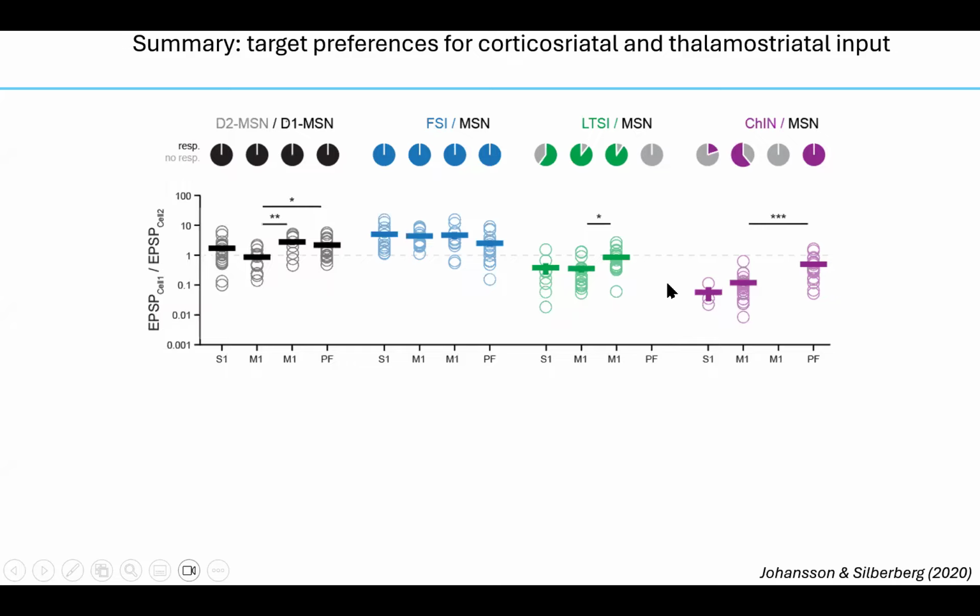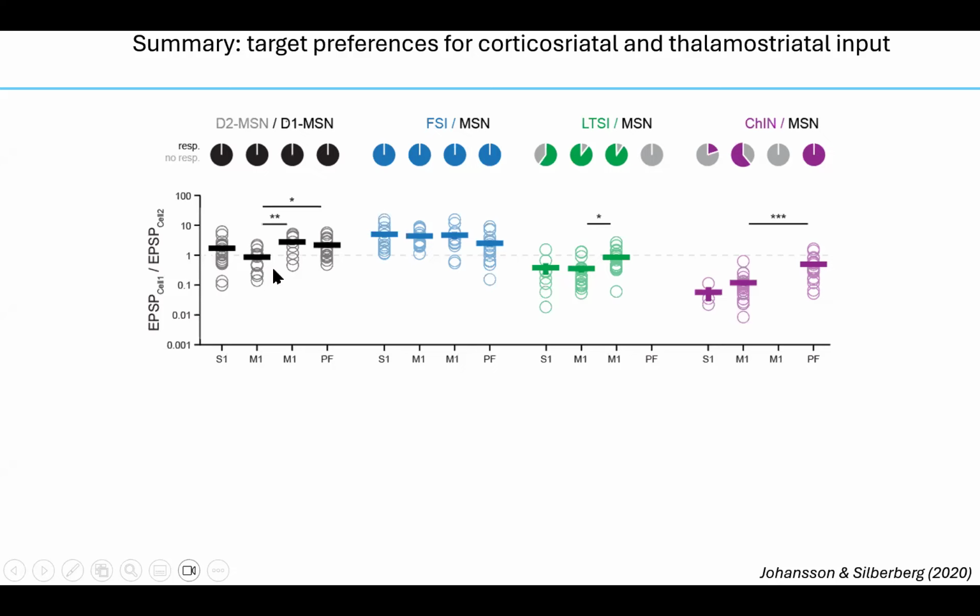The situation was different for the low threshold cells that did not receive anything from the thalamic side. The cholinergic interneurons didn't receive anything from the contralateral side. So there were certain pockets of selectivity in the way that the cortex talks to the striatum.